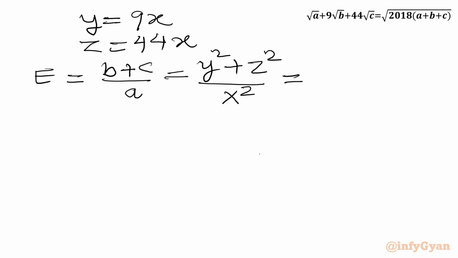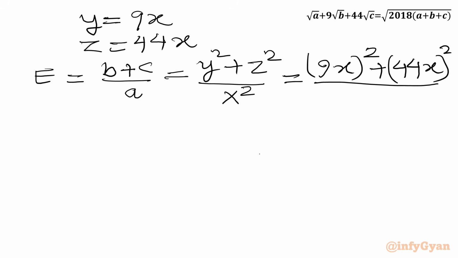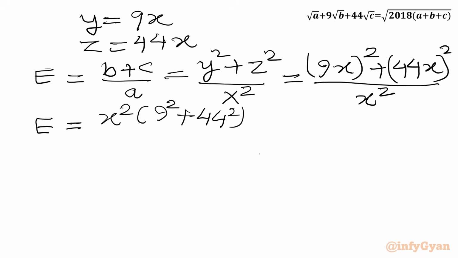Now in place of y we will write (9x) whole square, plus z is (44x) whole square, and the denominator is x². So the required expression will become, we take x² common from the numerator: in brackets 9² plus 44², and in the denominator x². x² cancels from numerator and denominator.